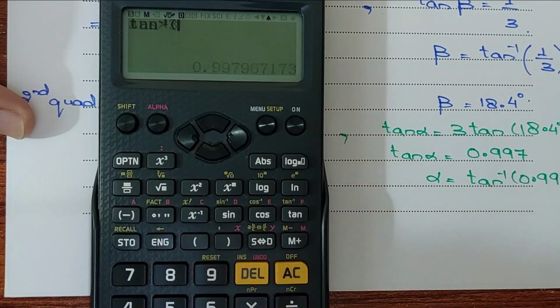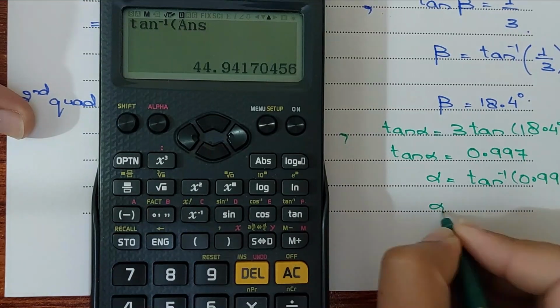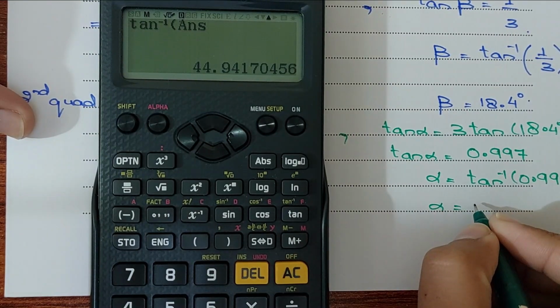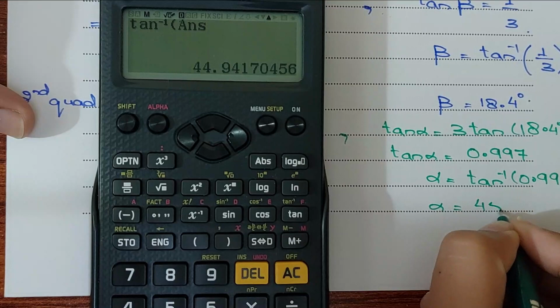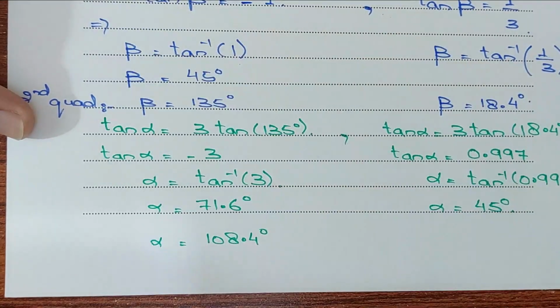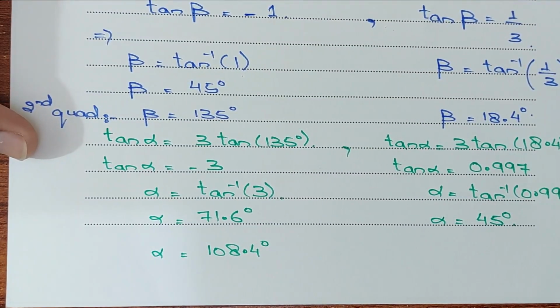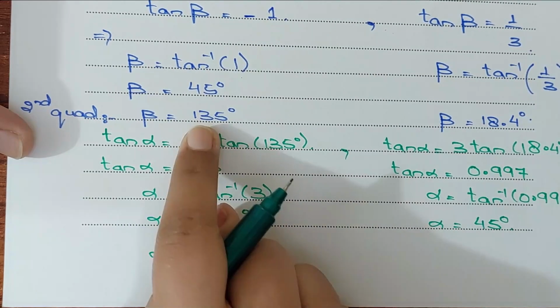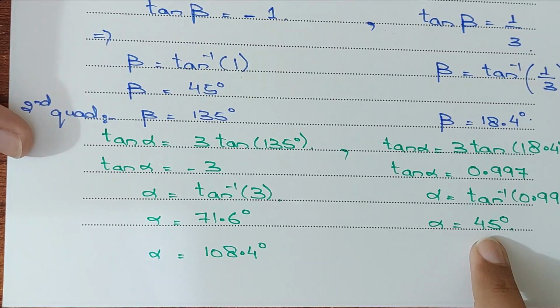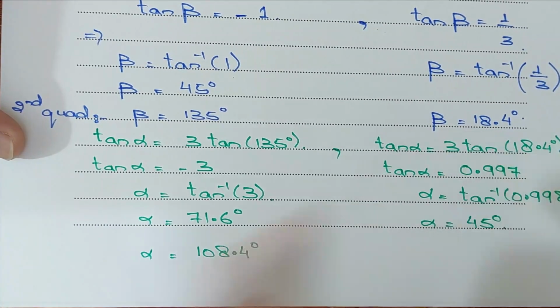So tangent inverse of the answer, alpha equals 44.9 or 45 degrees, right? So the values of alpha and beta between 0 to 180: when alpha is 108.4, beta is 135. When alpha is 45, beta is 18.4 degrees.